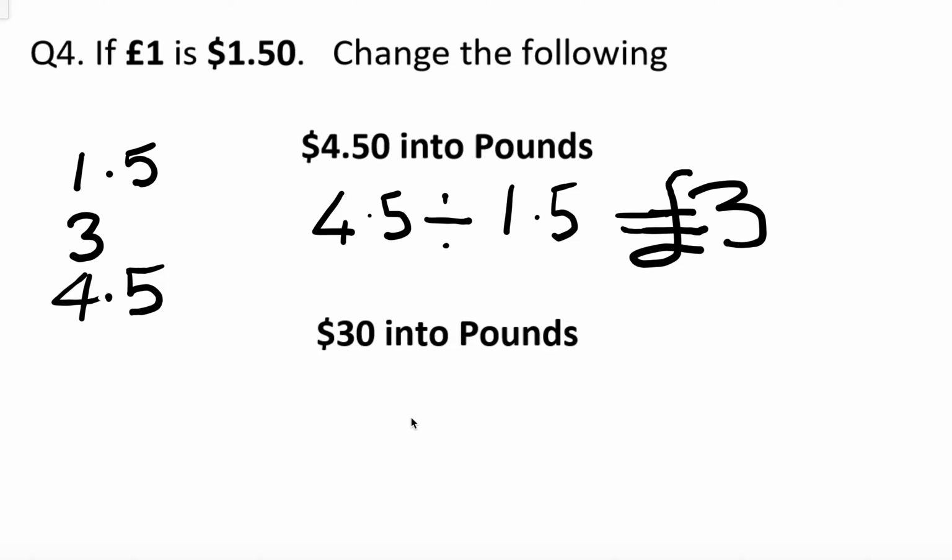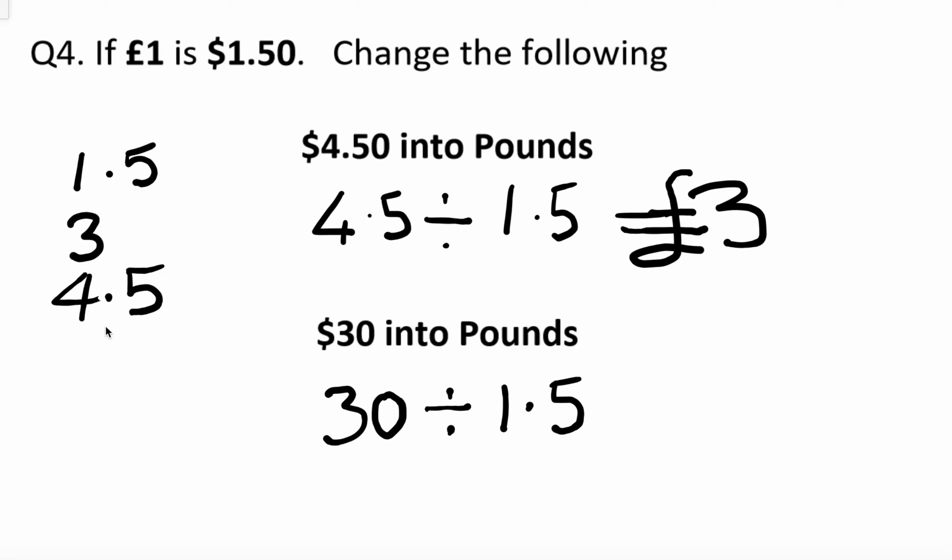We're starting the next one. We're starting off with $30, and it's the same principle. Basically, you've got 30, and you've got to divide that by 1.5. How many 1.5s in 30? You could keep adding 1.5 here until you get to 30.